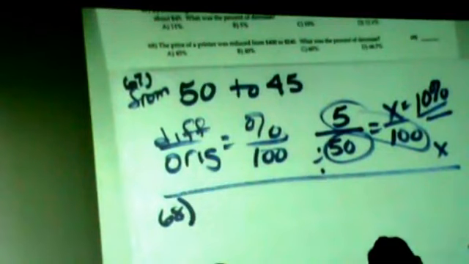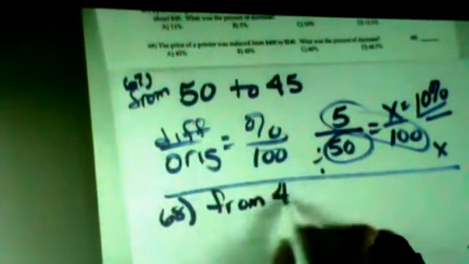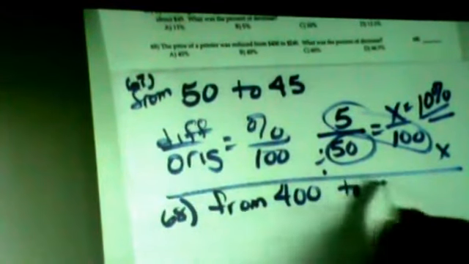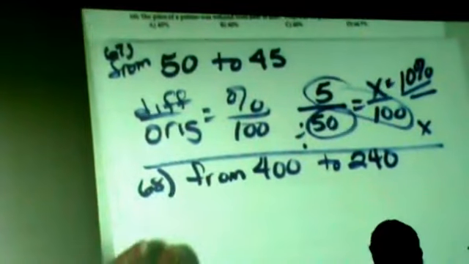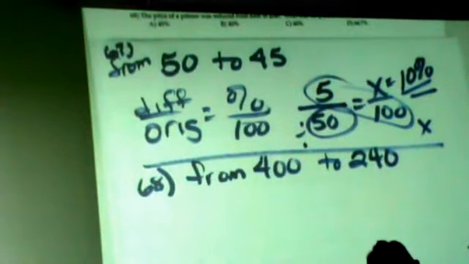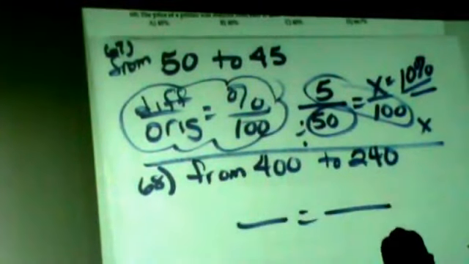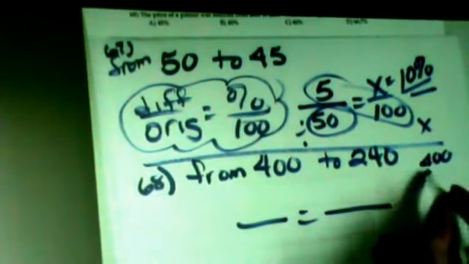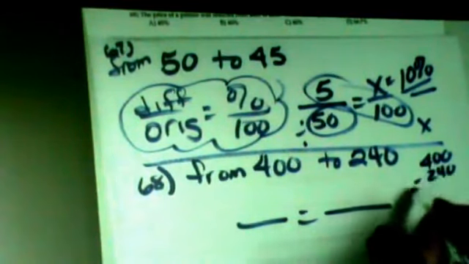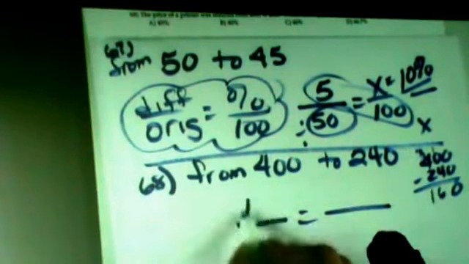68, the price of a printer was reduced from 400 to 240. We're wanting to know the percent of decrease. Still using the same formula. What's the difference? 160 is our difference.